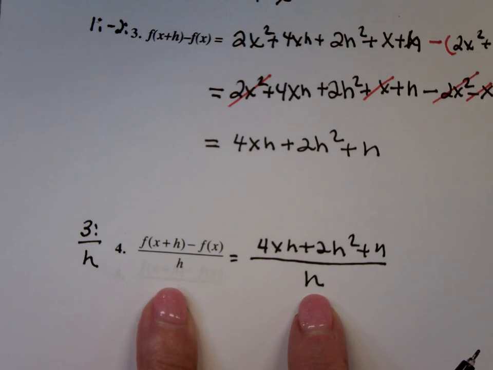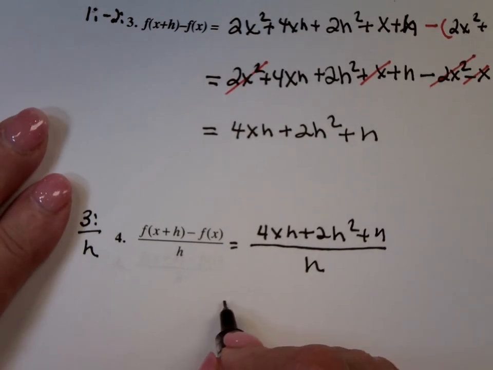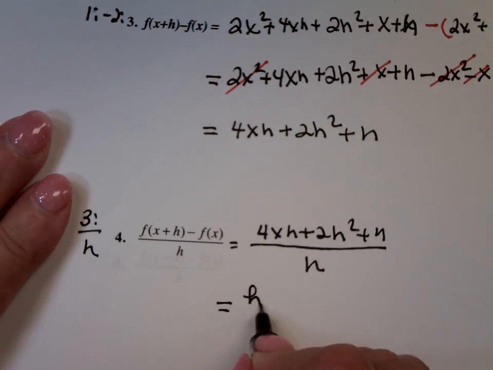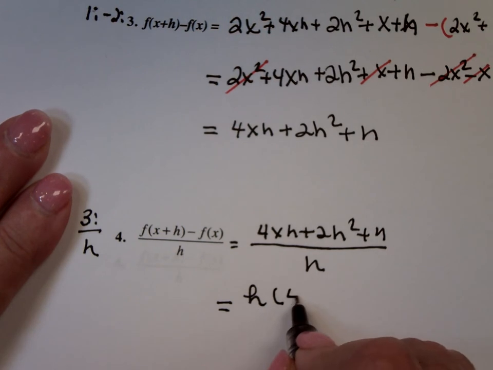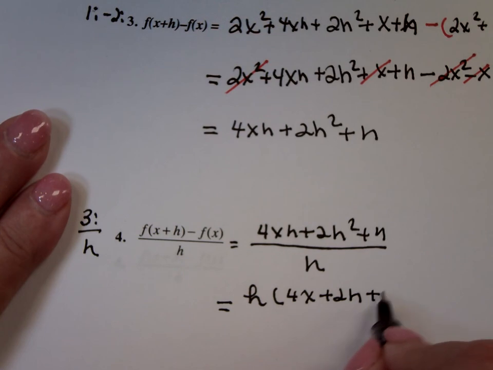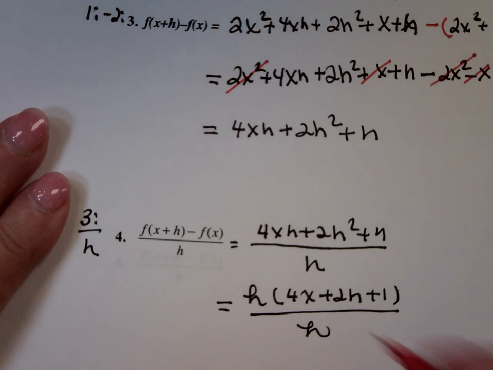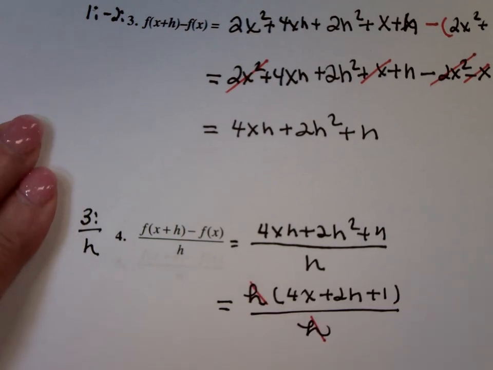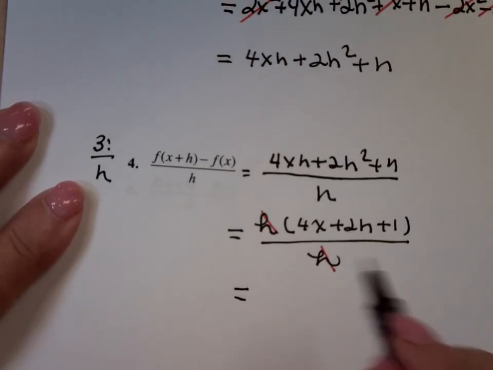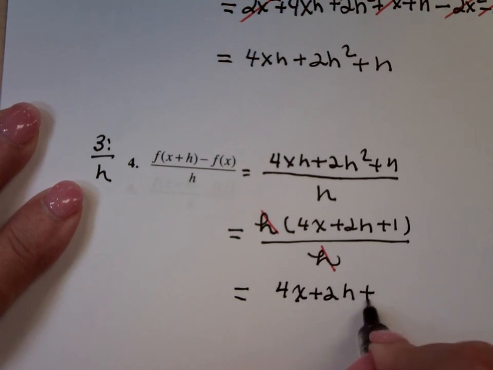Can I divide by 0? No. And in Chapter 2, it's all going to be about setting h equal to 0. So I need to have h go away. And you're going to see it does. I can factor out a common factor of h. Now your h's will reduce out. And now this is 4x plus 2h plus 1.